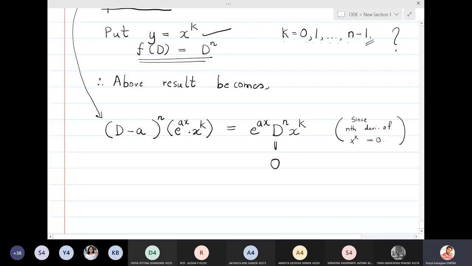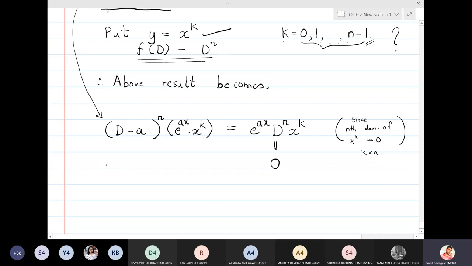Why? Because k is smaller than n. Easily. Right? So I know that 4 is smaller than 6. So what is the sixth derivative of x raised to 4? If somebody asks you, you will say the sixth derivative of x raised to 4 is 0.